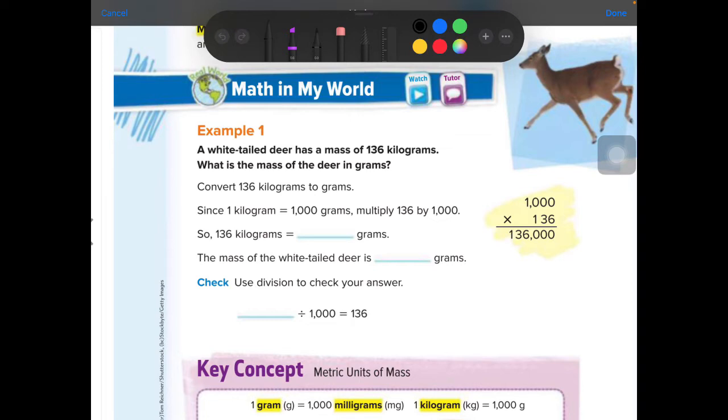So what they want us to do here, example 1: a white-tailed deer has the mass of 136 kilograms. What is the mass of the deer in grams? So, King Henry died merrily drinking chocolate milk. We're going to turn that to a G because we're in grams.